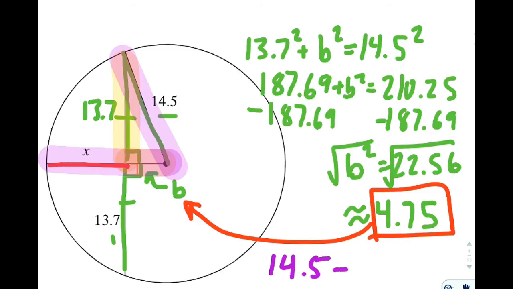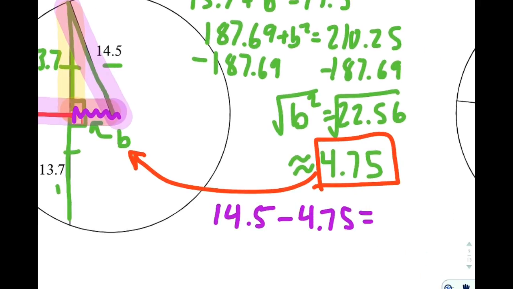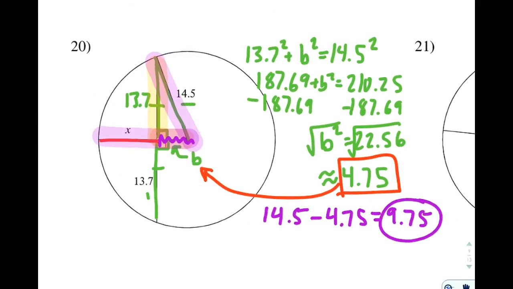If I take away this segment, the b that I just calculated, the 4.75, I get 9.75. And that's going to be the piece that has not been used up here. So that 9.75 represents x.